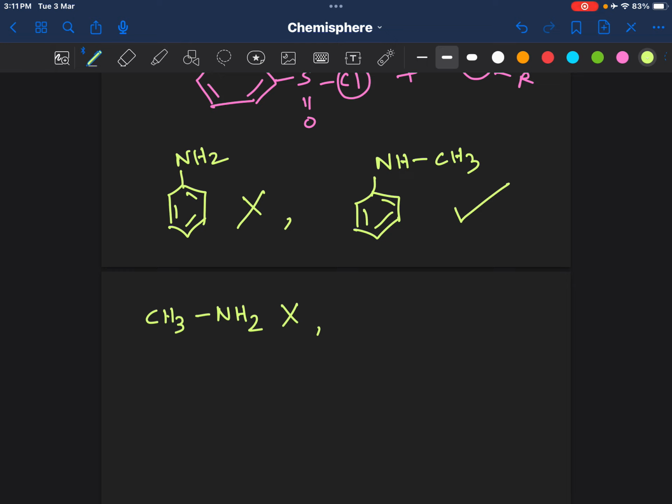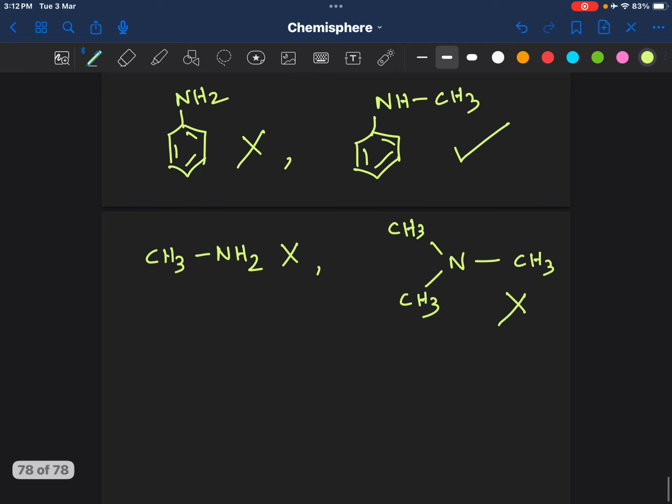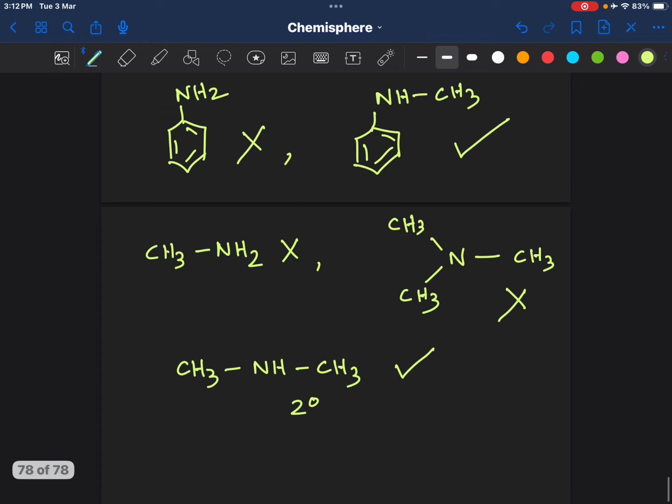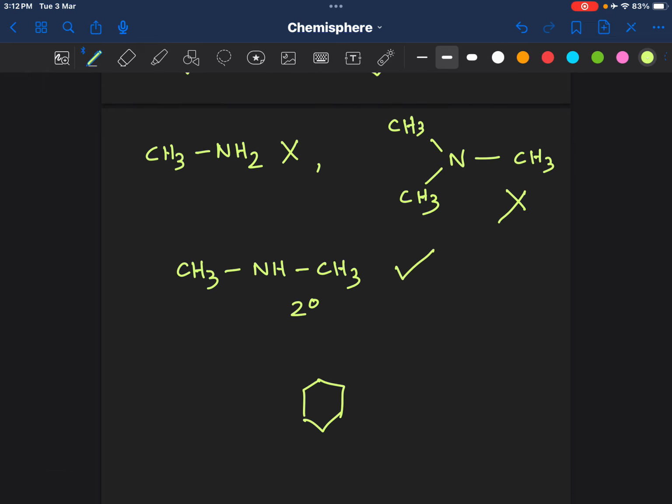N,N-dimethyl methanamine is N(CH3)3. This is tertiary, so not going to work. N-methyl methanamine is CH3NHCH3. Again this is 2 degree, so this is going to work. Phenyl methanamine is a benzene ring CH2NH2, a primary amine, not going to work.